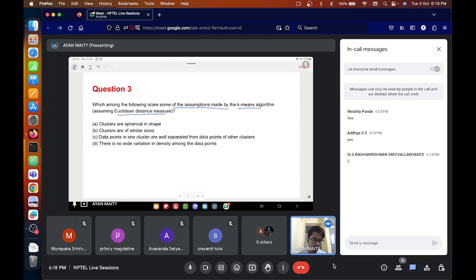Dr. S. Radhakrishnan Srivallabhadev says option C, which is data points in one cluster are well separated from the data points of the other clusters. Anyone else?